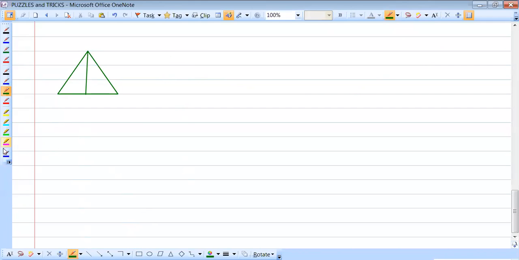Because I'll show it. This is one triangle.